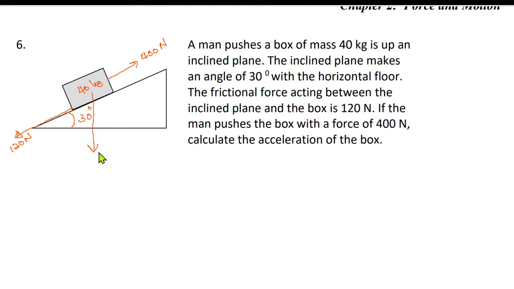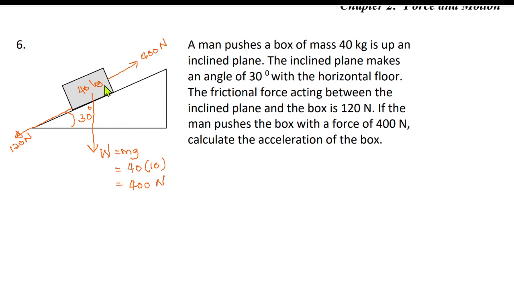What force is this? That is our weight. Weight equals mg. The mass of the box is 40 kilogram, and g, normally we take it as 10. So here the weight of the box is 400 Newton.